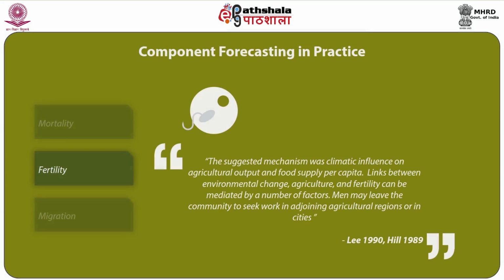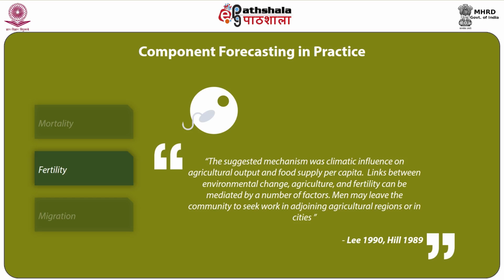The suggested mechanism was climatic influence on agricultural output and food supply per capita. Links between environmental change, agriculture and fertility can be mediated by a number of factors.